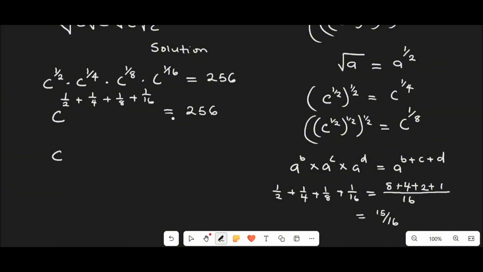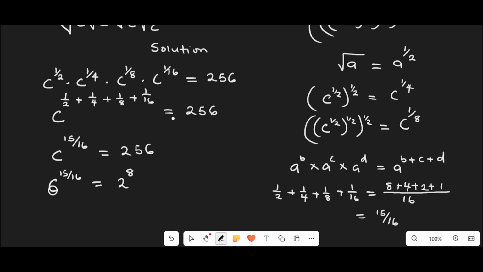C raised to power 15 over 16 equal to 256. Let us rewrite 256, and 256 is equal to 2 raised to power 8. So we can say C raised to power 15 over 16 equal to 2 raised to power 8.